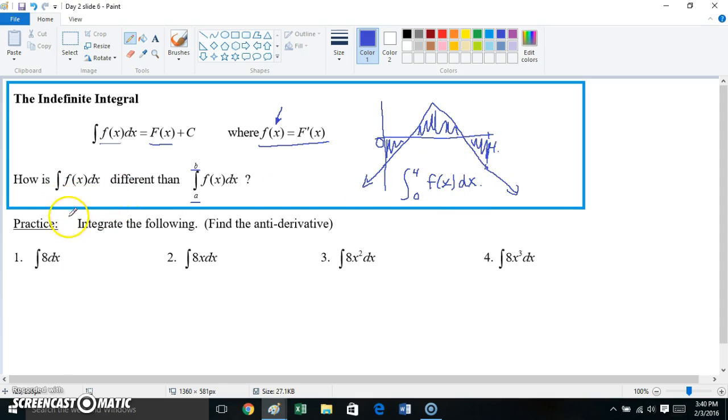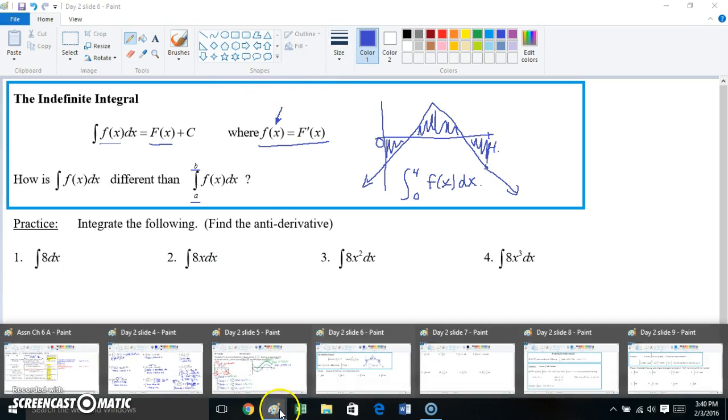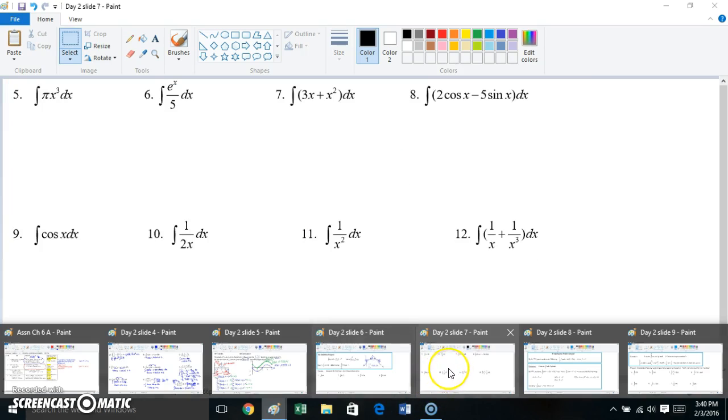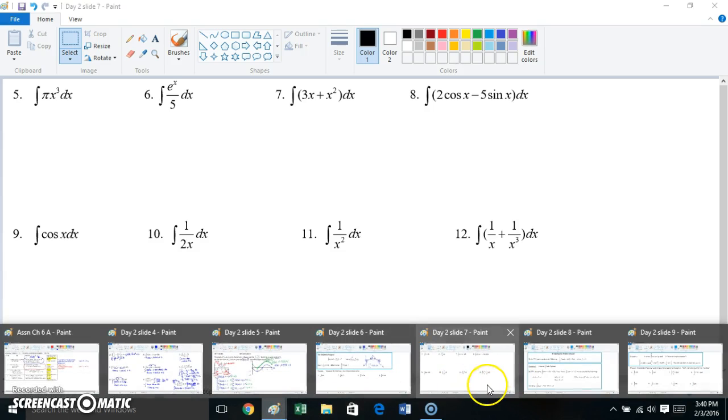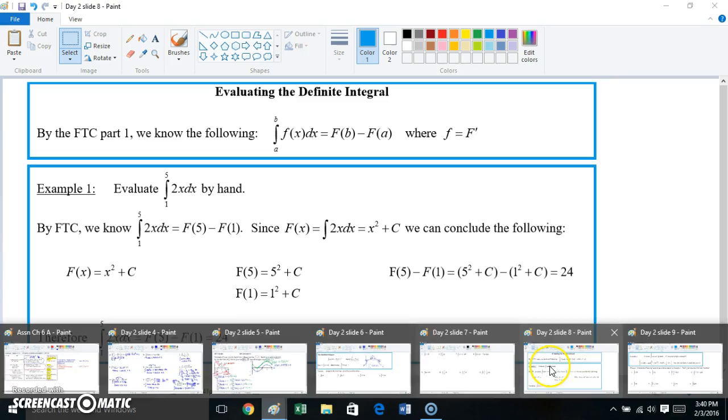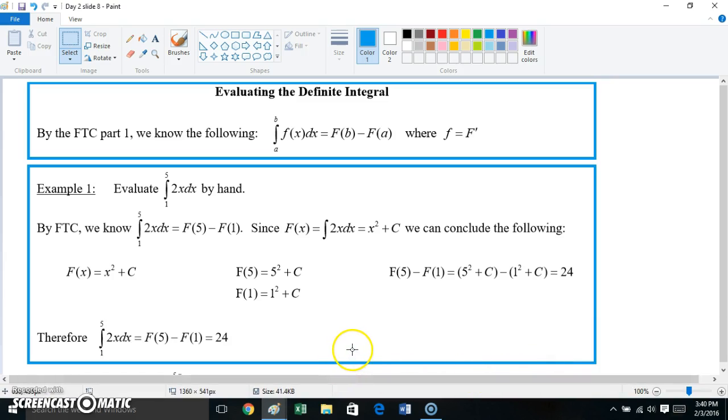All right, we're still going to look at some indefinite integrals that have no limits of integration, and I'm going to let you do some of these on your own, because they're reviewing some of the simple rules: power rule, e to the x, trig functions, 1 over x, negative exponents. And we will pick up our next video with evaluating the definite integral.